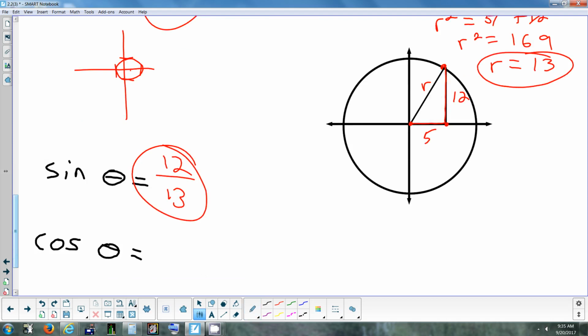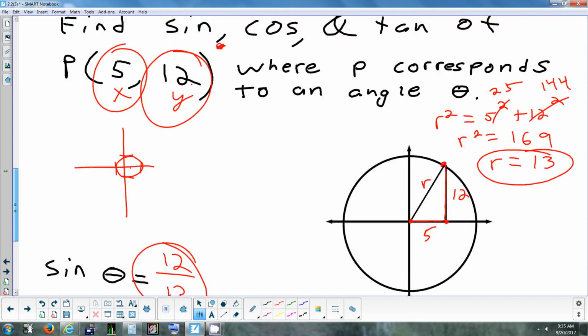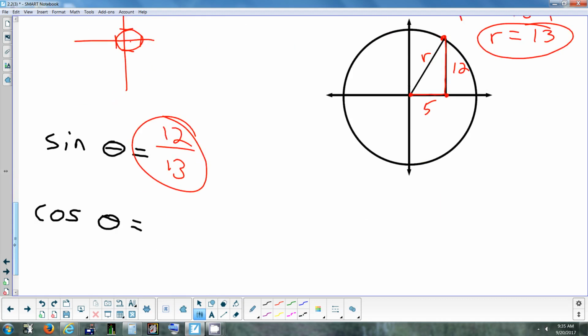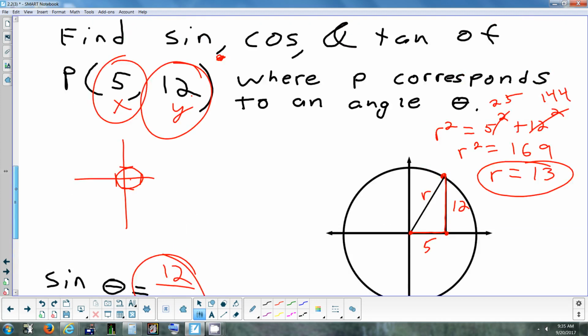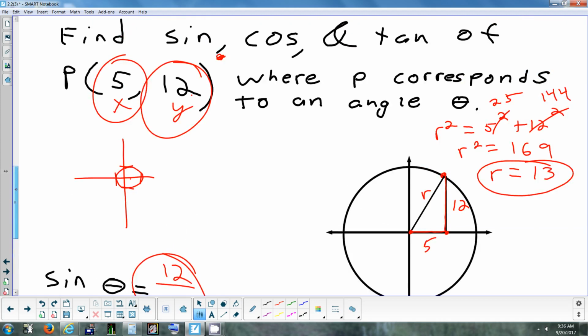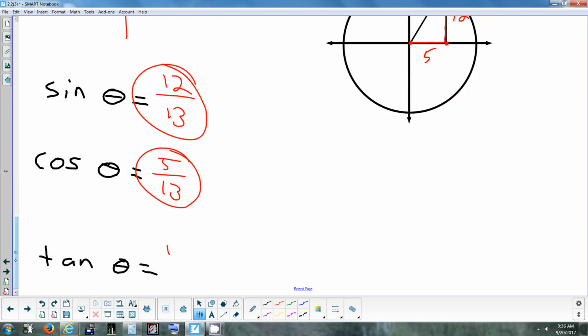X over r. What's x in this case? 5 and r? 13. Good. 5 13ths. And lastly, Eric, formula for tangent? Y over x. Stays the same. So my tangent would be 12 over 5.